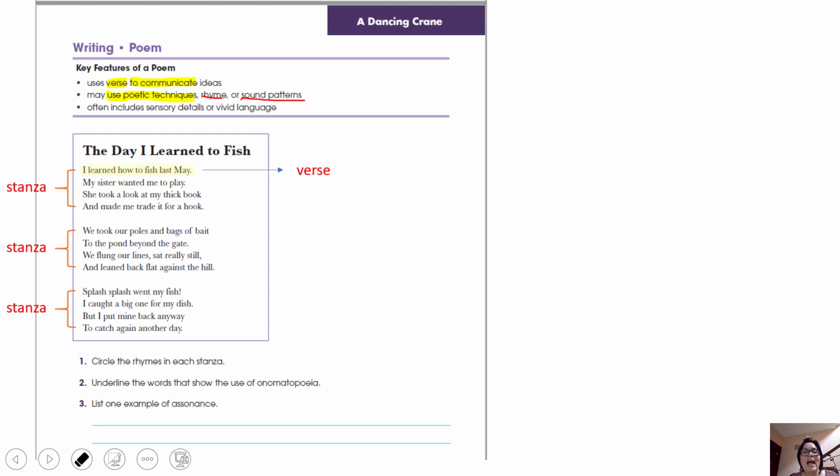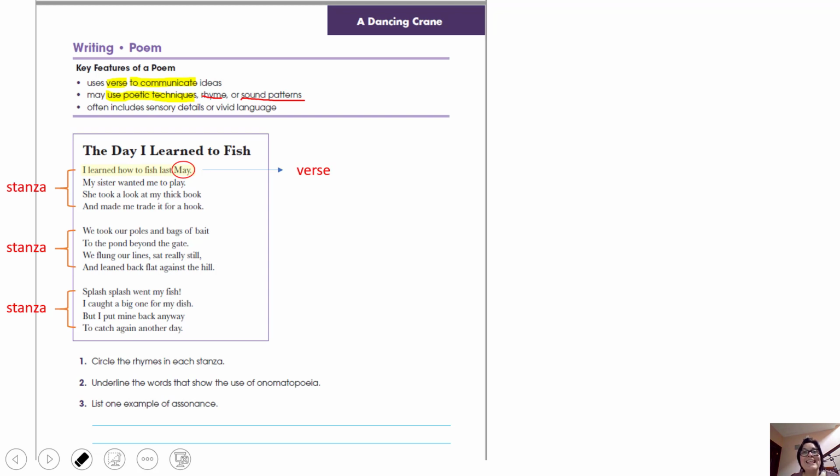So guys, in the first verse, let's read the first verse again. I learned how to fish last May. What is the last word that you have in the verse? May, right? That is the last word that you have in the verse. Now, tell me if you have another verse in the same stanza that rhymes with may.